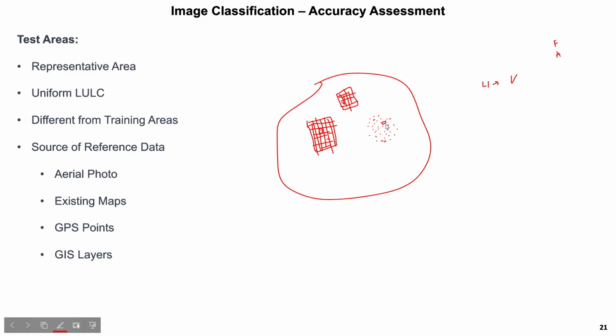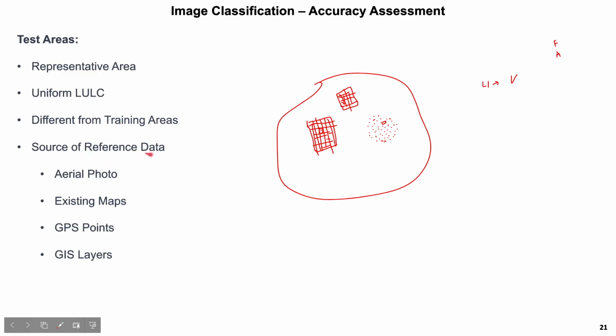You will have a lot of mixing between barren land and vegetation when you choose your training points from a very sparse or less dense vegetation area. So your testing point should be from a uniform land use land cover. And obviously your testing point and the training point should be totally different.